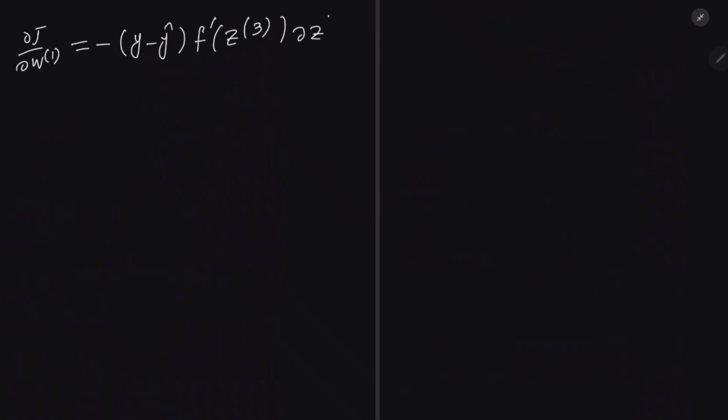Okay, partial J by partial W1, that will equal to (y minus y hat) f dash z3, partial z3 by partial a2 by partial W1, and z3, again z3 is equal to a2 W2.